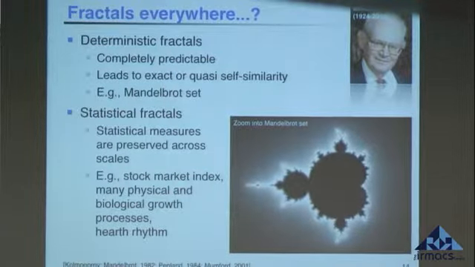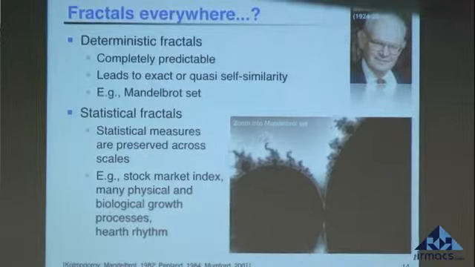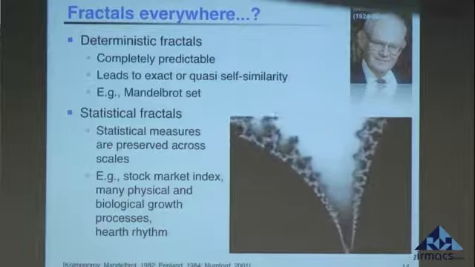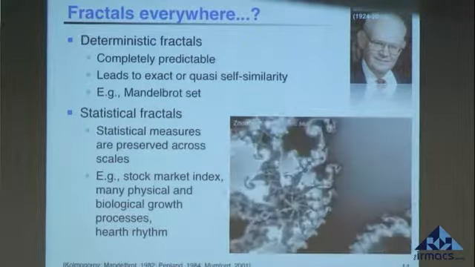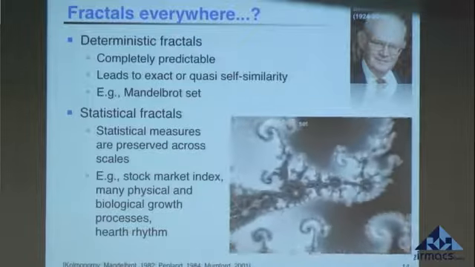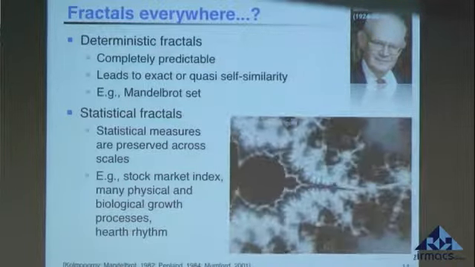A statistical fractal is a signal, or a process that generates signals, such that if you look at the statistical measures of that signal at different timescales, you cannot distinguish them. They are not exactly the same, but they are statistically the same, or they just scale with a very simple parameter. These statistical fractals have been applied a lot as well.